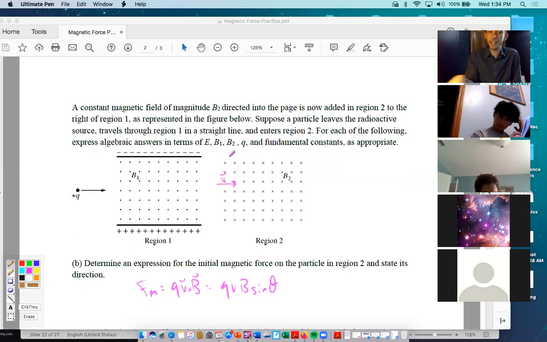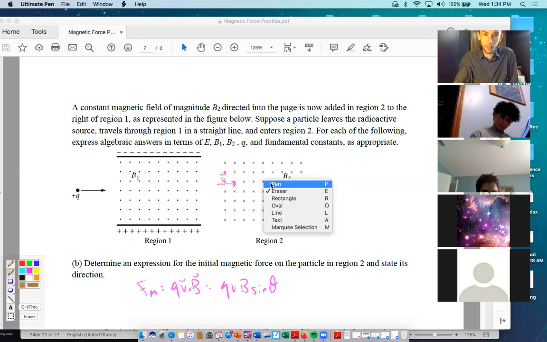That makes sense. In region 1, the force was down because the field was coming out of the page, and now it's up because the field is going into the page. Anyway, the velocity and field vector are still perpendicular to each other, so the sine of the angle between them is still 1.